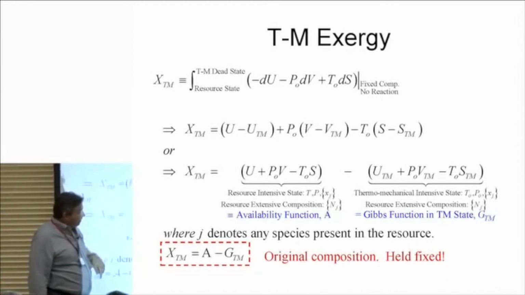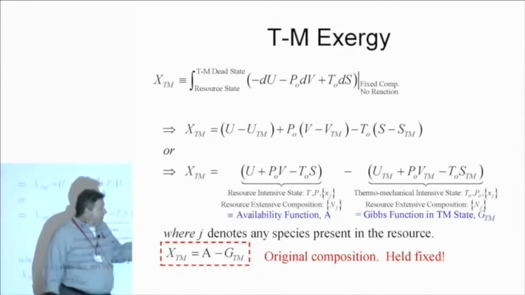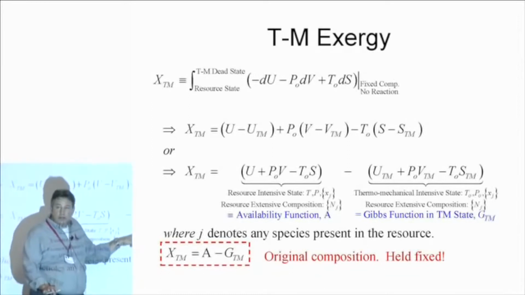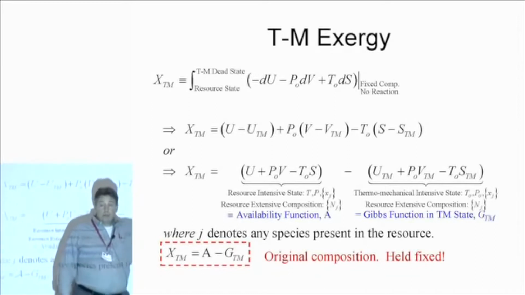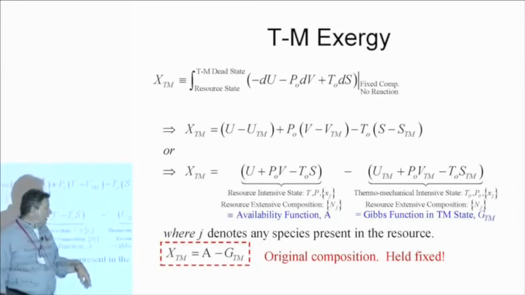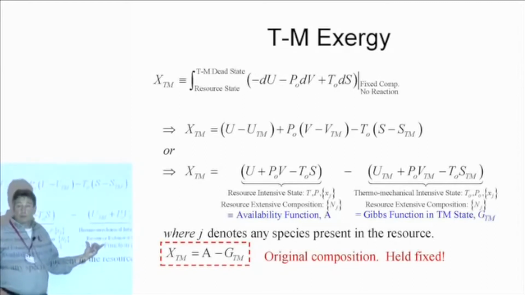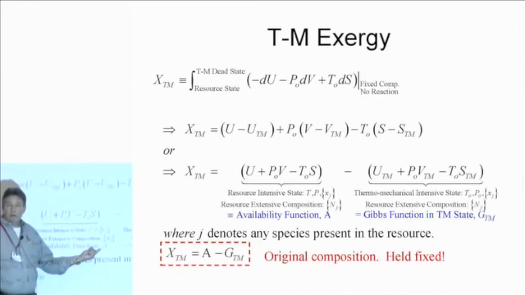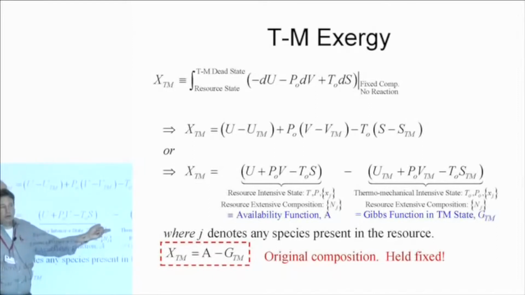On the flip side, over here, we now have this at the thermomechanical state, temperature and pressure of the environment, but the original composition, we haven't let it react. Right? It's the first part of the integral. We have the extensive state from the original mole numbers. It didn't react, original set of mole numbers. So I could write this as being A naught, but in fact it's the Gibbs function.